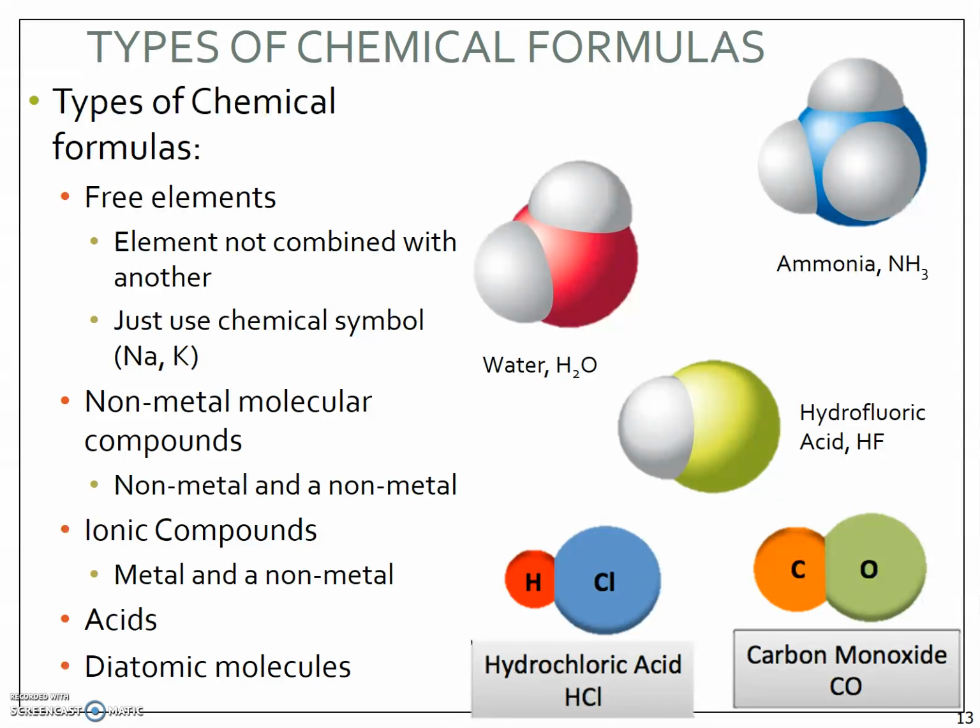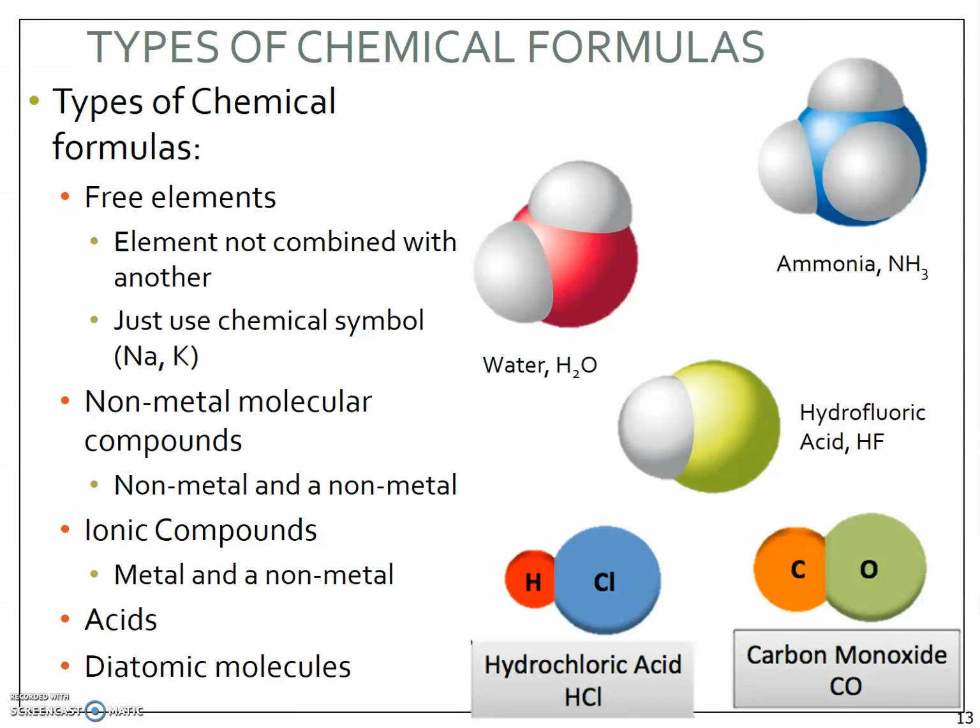Covalent is between 2 nonmetals. So once you know and memorize the location of the nonmetals and metals, it'll help you identify what kind of bonding and what kind of compound you have. Ionic is between a metal and a non-metal. So that would be something from the left side with something from the right side, where the non-metals are just on the right side of the periodic table.